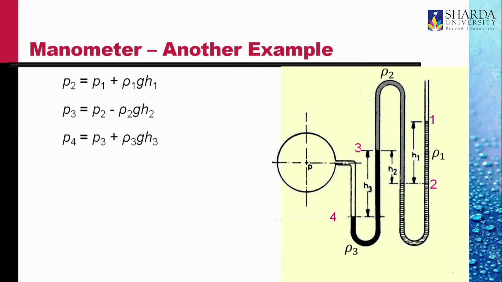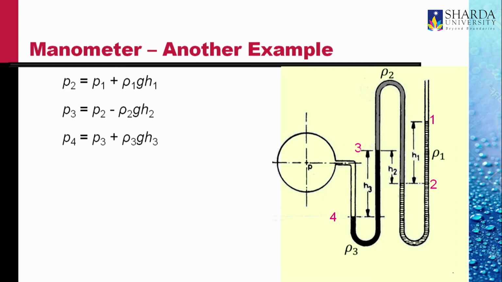Clearly, the pressure at point 2 is greater than pressure at point 1 in the rightmost limb, and is given by P2 is equal to P1 plus rho 1 GH1. In the second limb from the right, the pressure at the level 2 is the same as P2.